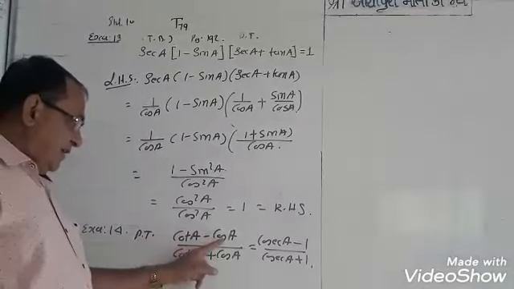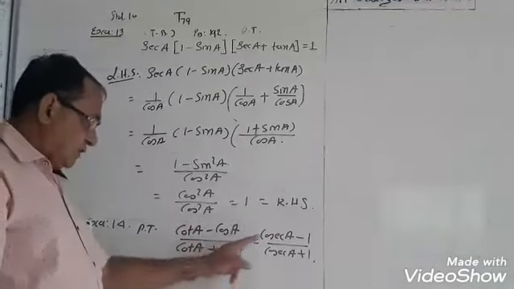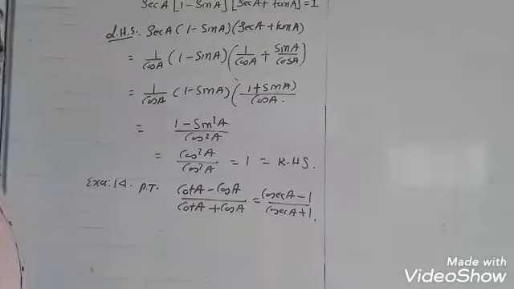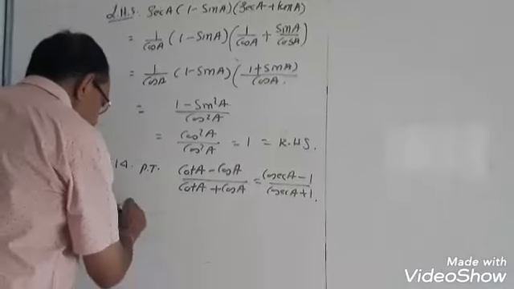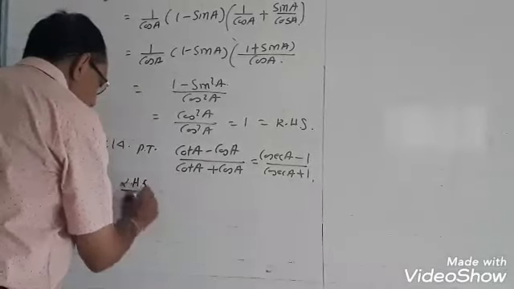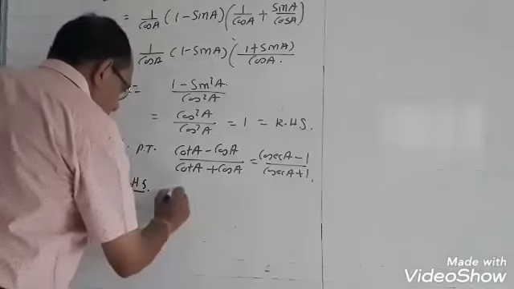Example 14: cot A minus cos A upon cot A plus cos A equals cosec A minus 1 upon cosec A plus 1. You have to prove it. So convert the left hand side into sin and cos form.